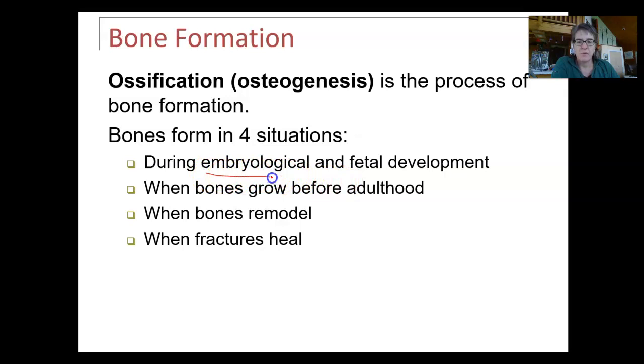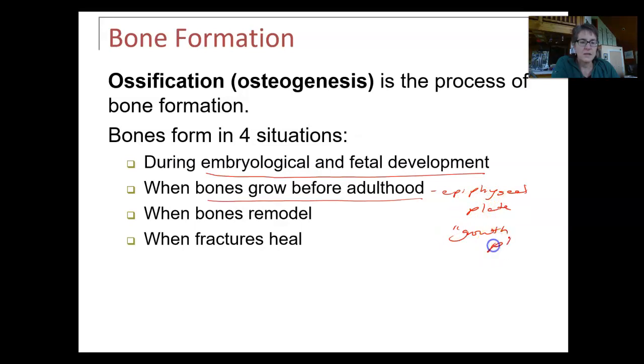So you have bone growing before that epiphyseal plate becomes an epiphyseal line, at the growth plate. But you also have bone formation happening every day, even as an adult.